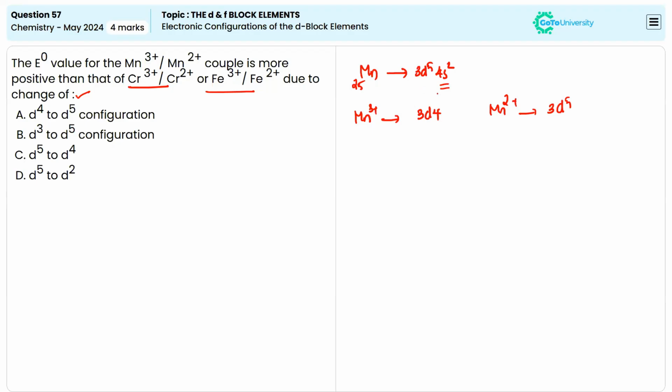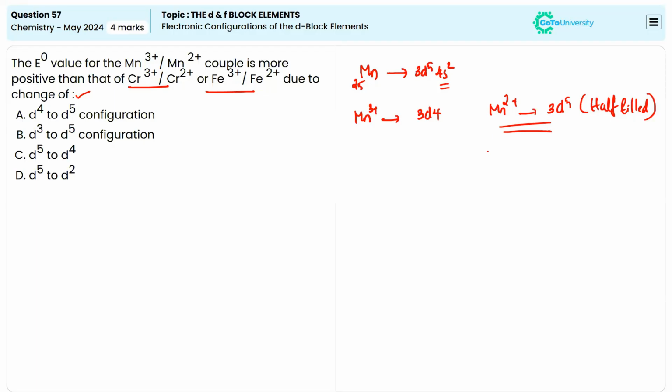Here the E0 value is more positive because the Mn2+ ion has a half-filled structure, because 3d5 means half-filled electronic configuration, right? Due to this half-filled structure, it results in a substantially larger third ionization energy.